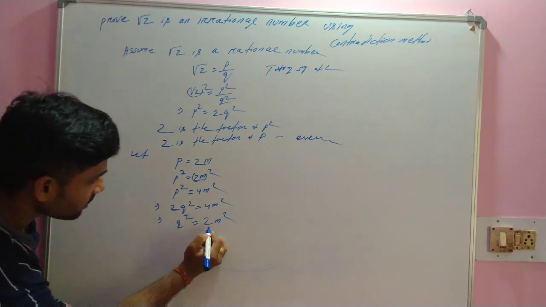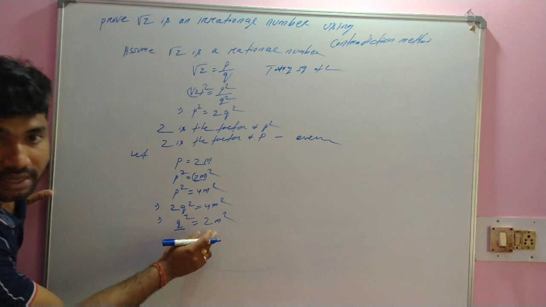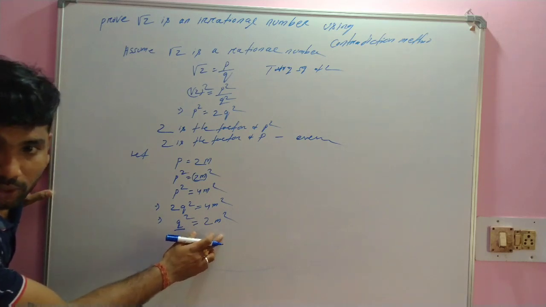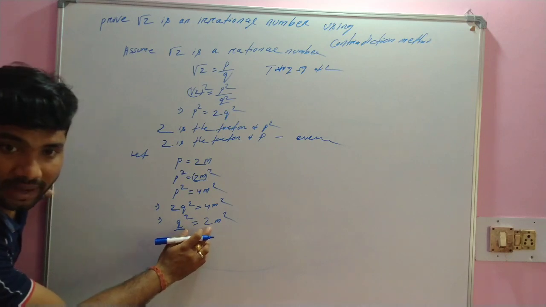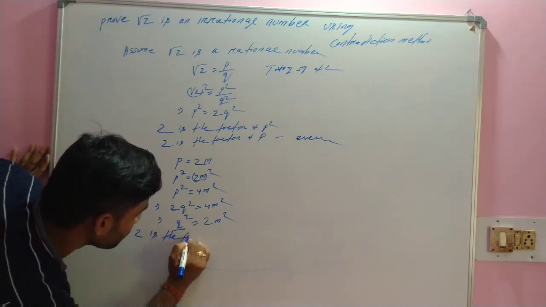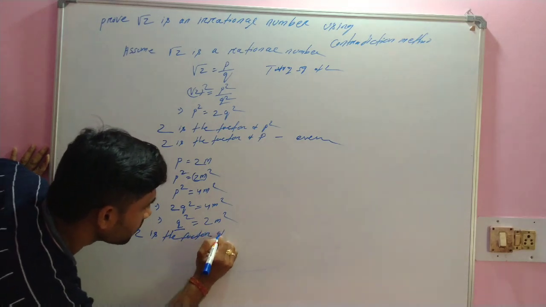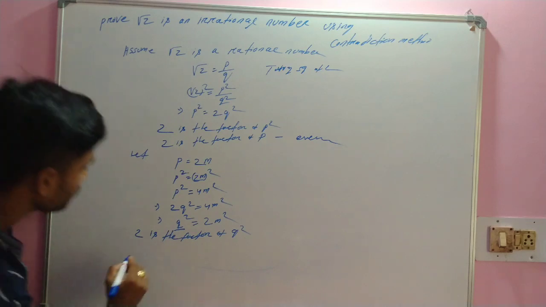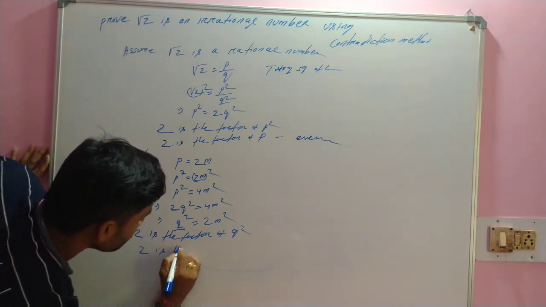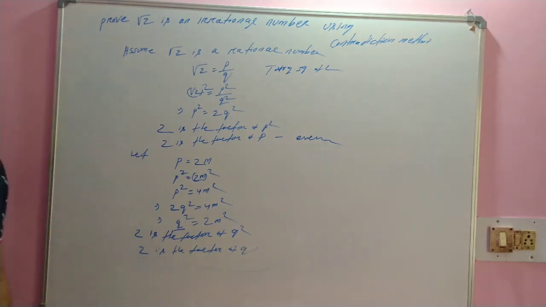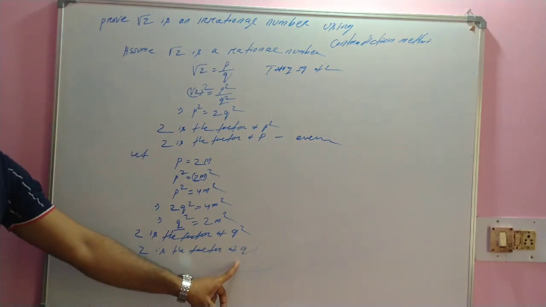That means q square is divisible by 2. That means 2 is a factor of q square. That means q is also divisible by 2. So 2 is a factor of q.